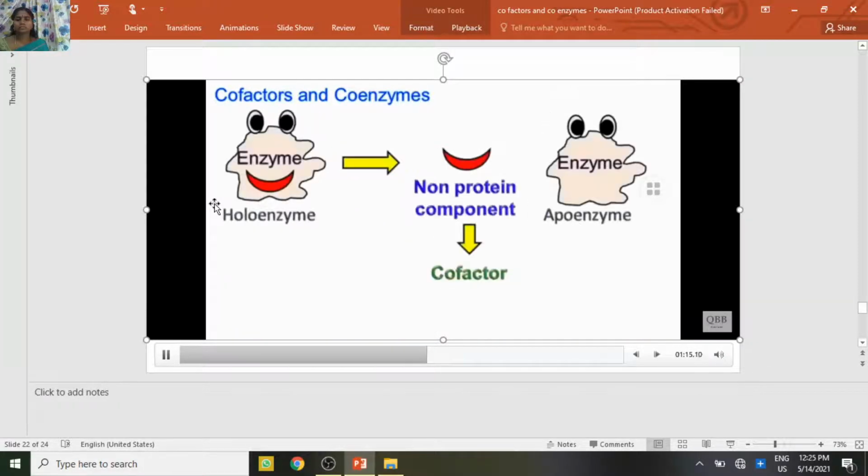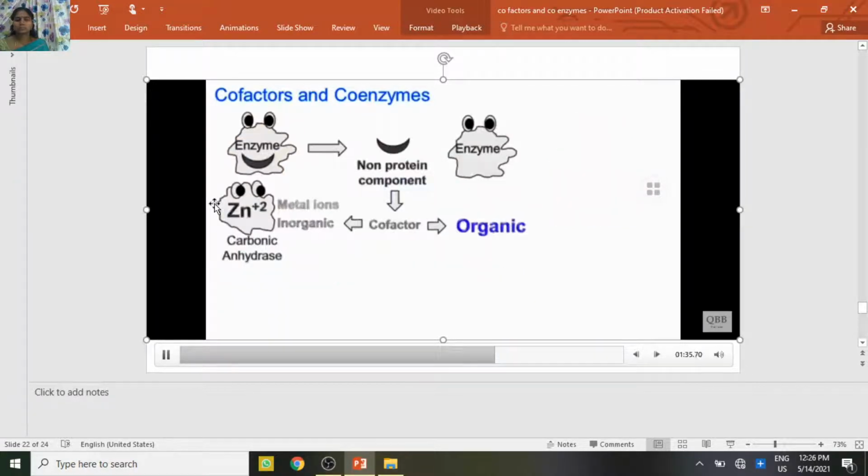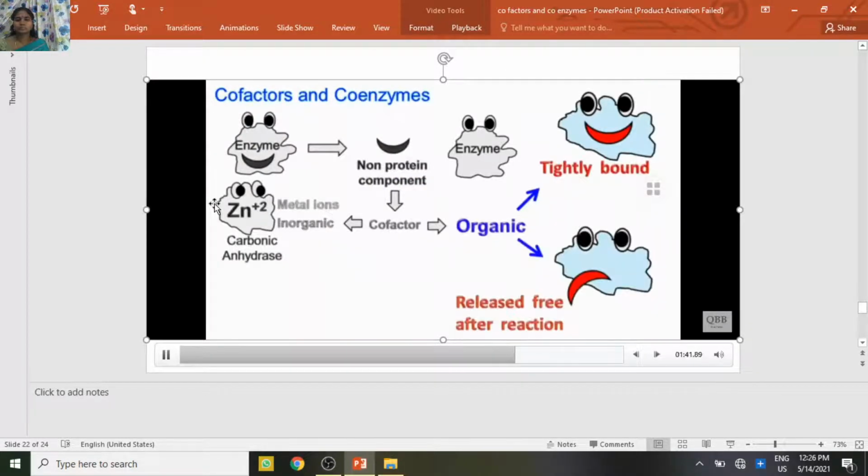The cofactor can either be inorganic or organic molecules. The inorganic cofactors are usually metal ions that are required for its activity. For example, the enzyme carbonic anhydrase uses zinc ion as a cofactor at its active site. The organic cofactors can either be tightly bound with an enzyme or released free after the reaction is complete.